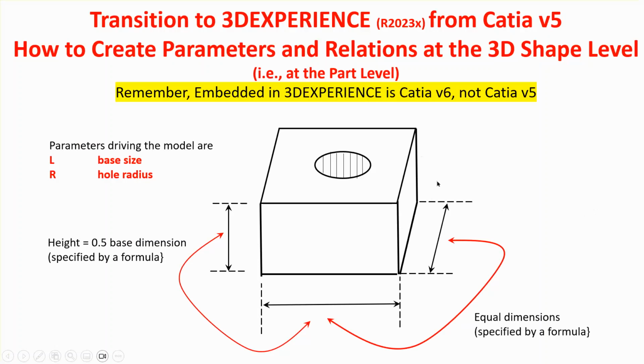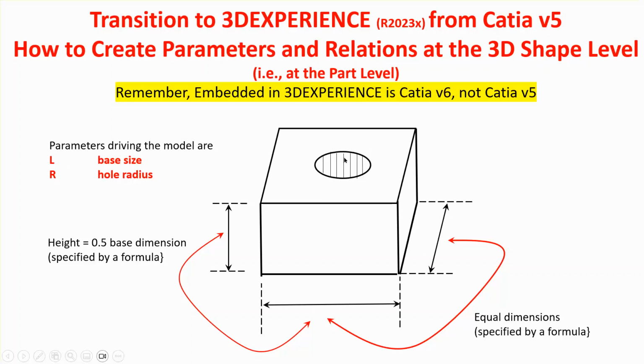Okay, so we have a box here, and we know that the sides of the bottom base are equal, and the padded height is half the base size. And there is a hole with a radius here. So what I want to do is create two parameters, which is the size, this size basically, and the radius.